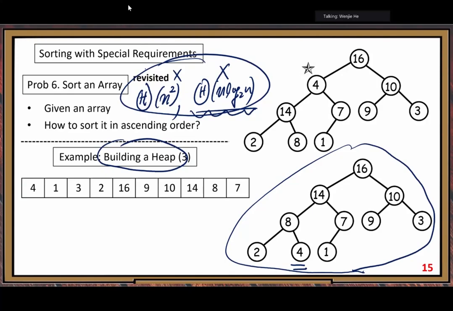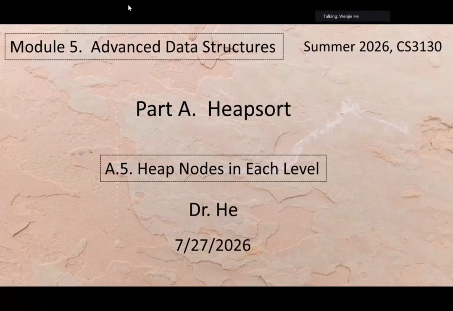All right. So next step, we need to estimate the total cost of this process, the building a heap process. All right. Heap nodes in each level.